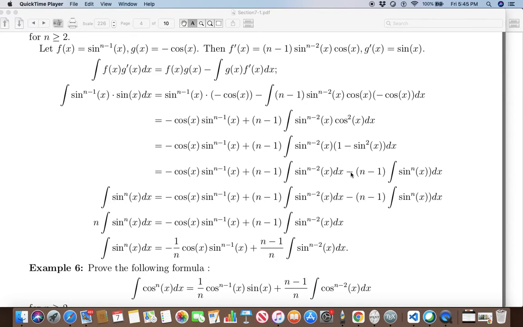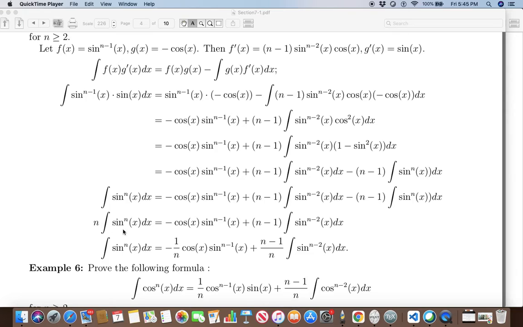So that negative gives me a negative here. Alright. So the integral of sine n is all of this, complete with another integral of sine n. So this is negative n minus 1. Move it over here along with this 1, plus n minus 1 is an n. That's where this n has come from.